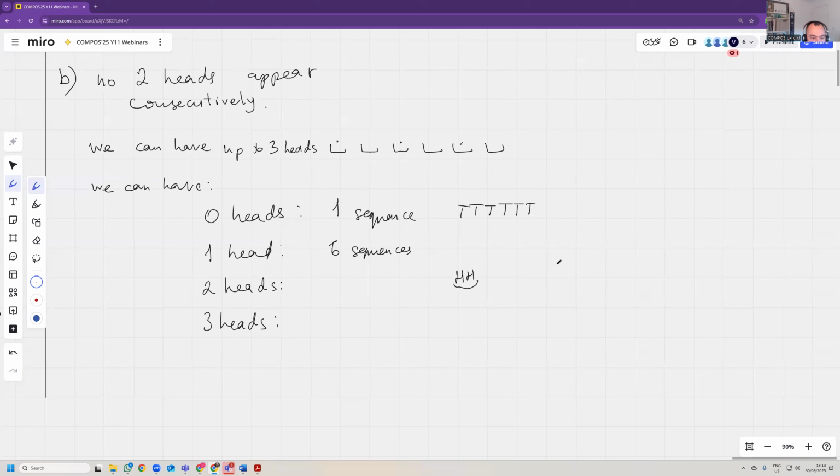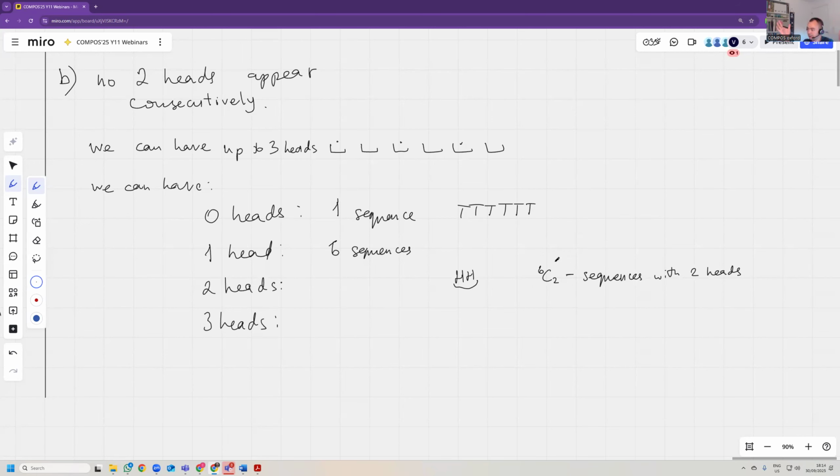Overall, if a head is placed here, with 2 heads, that's 6 choose 2 possibilities. This is sequences with 2 heads.